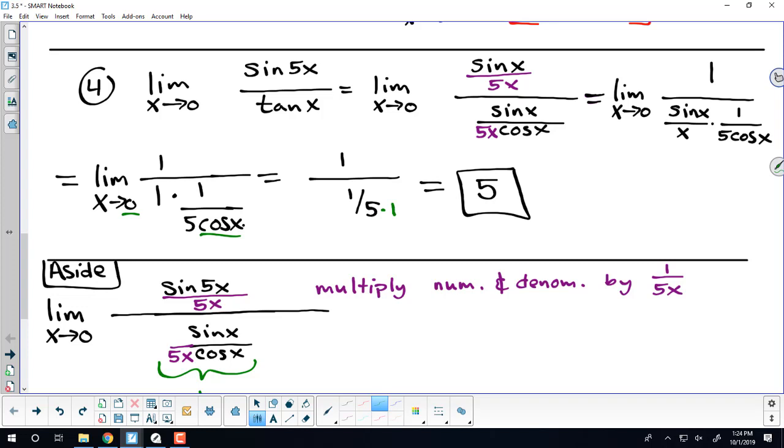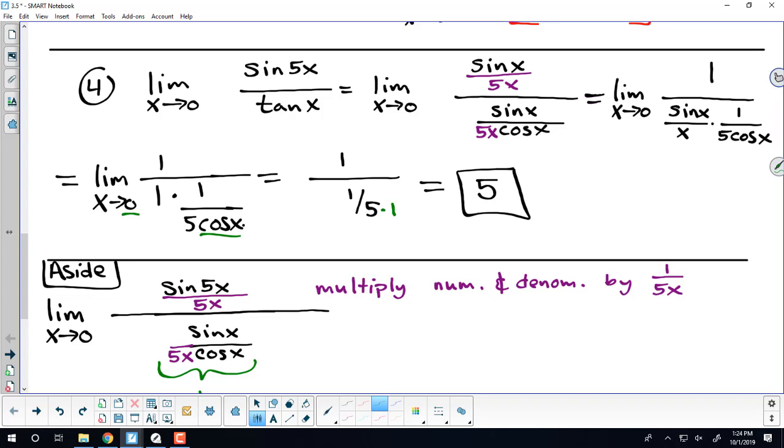When you divide through by 1/5, so it's sine x over 5x, how does the x pop up? It just pops up. We have the sine x over 5x divided by sine x over 5x cosine x.